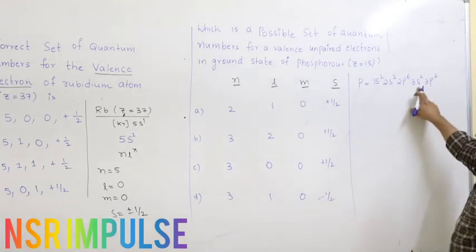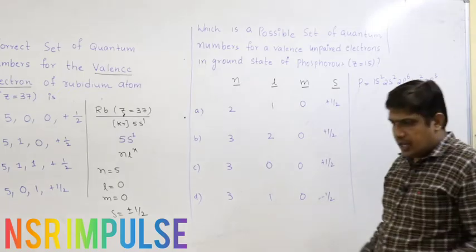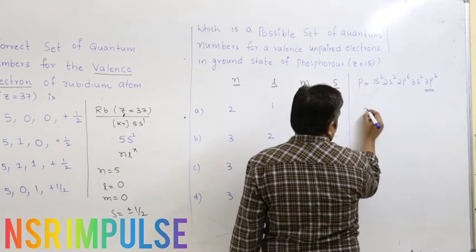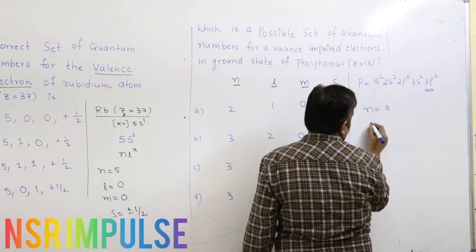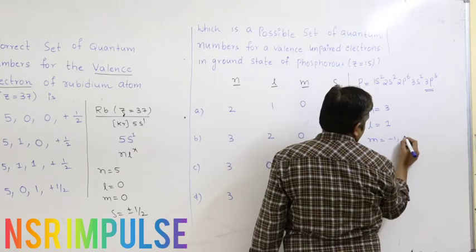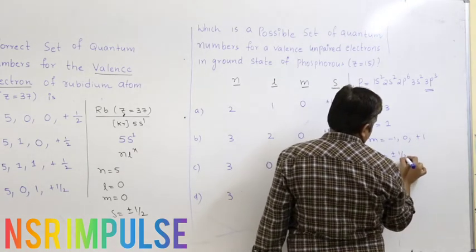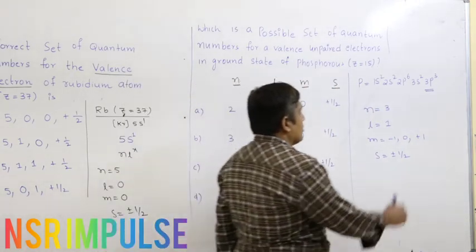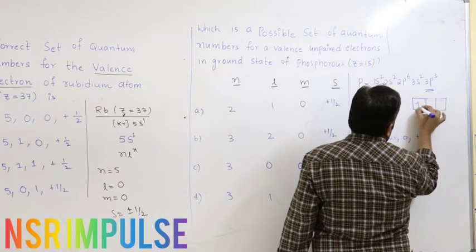So you have a 3p3 electron. So n equal to 3. For a p orbital, L equal to 1. M can be minus 1, 0, plus 1, and S is plus or minus half, because there is an unpaired electron. This is the possibility.